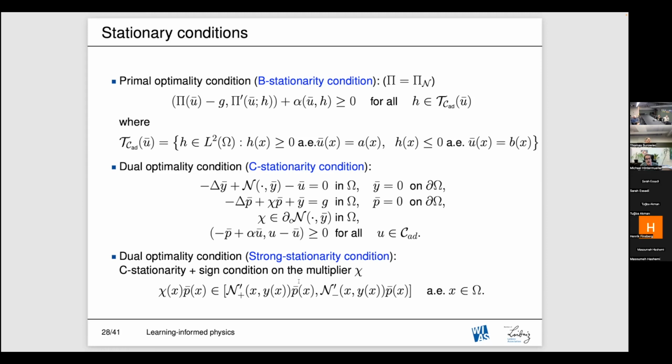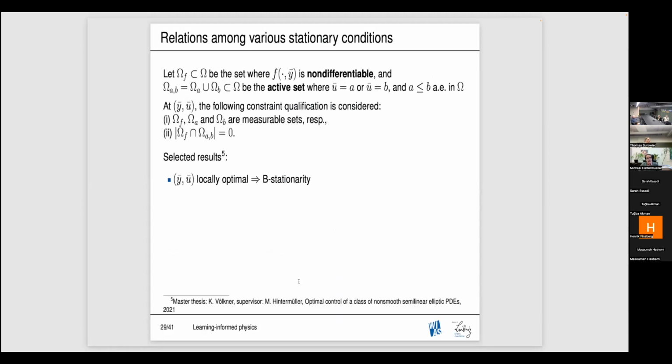Now, how are these concepts related? Well, let's first define a few things. Number one, omega sub f is a subset of omega where f is not differentiable.